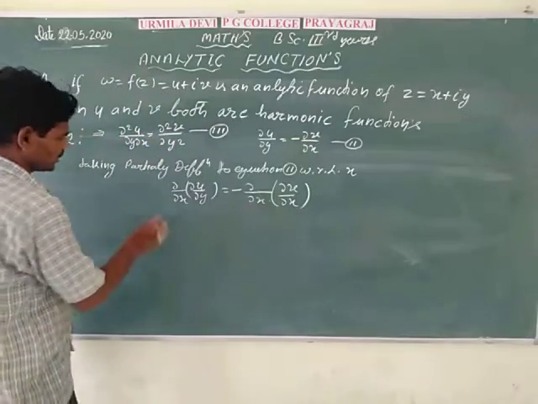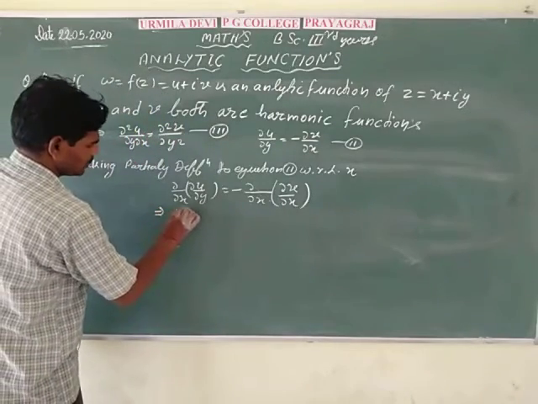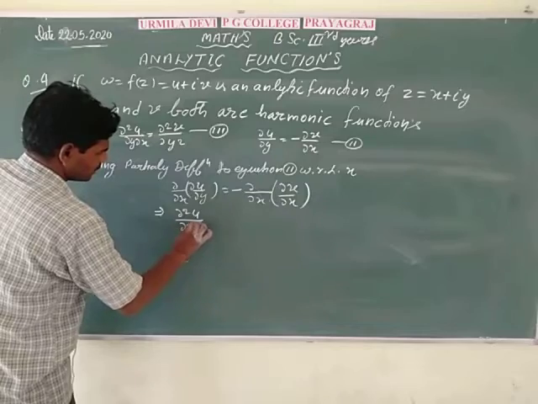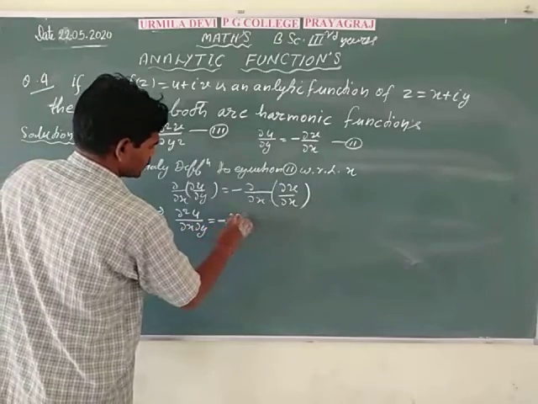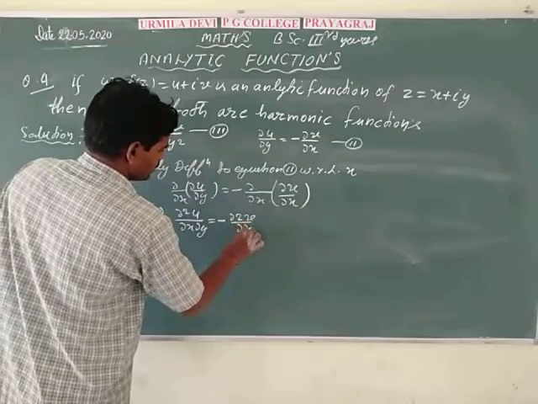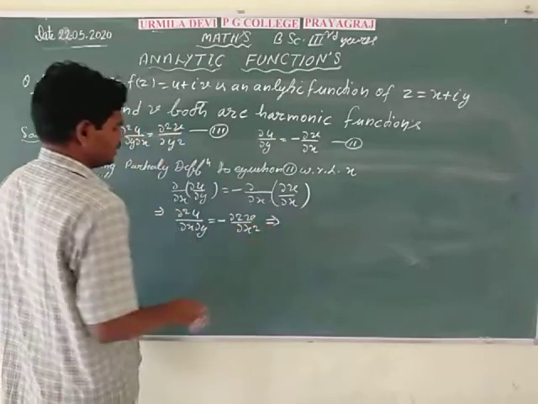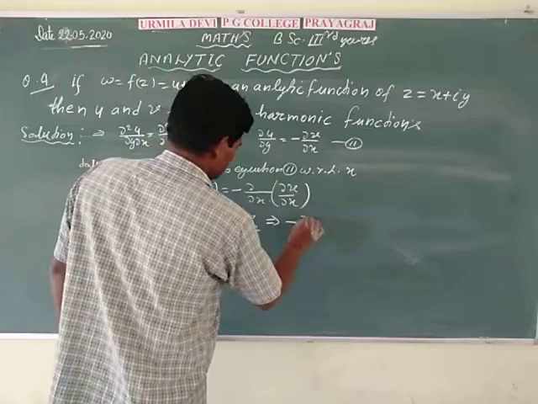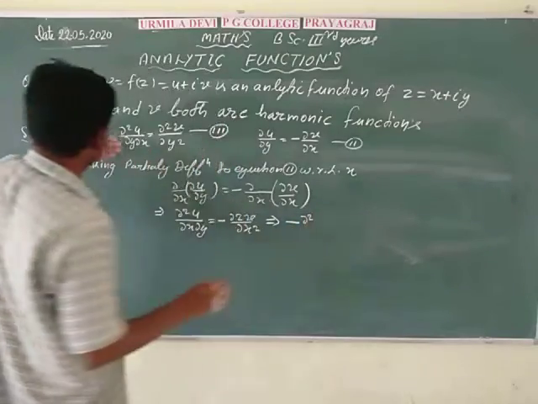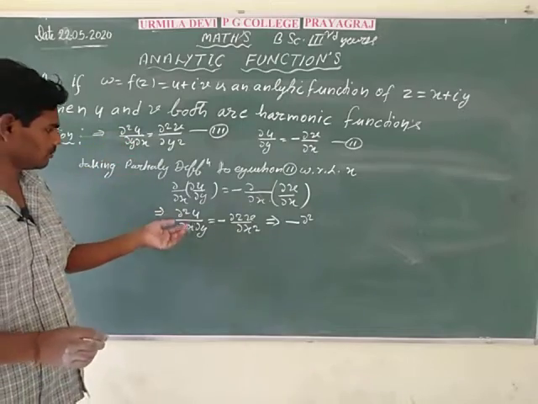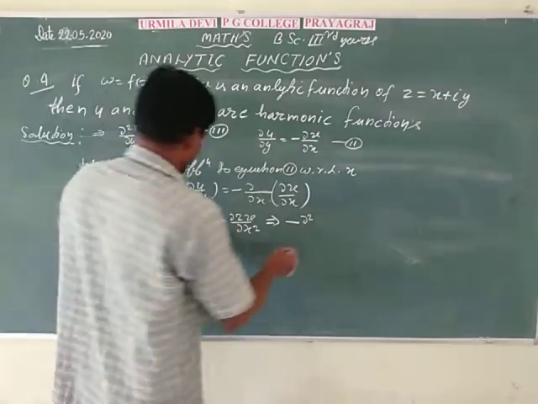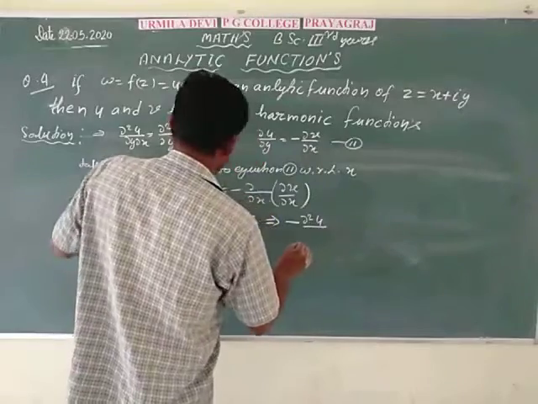The left-hand side is equal to del square u by del x del y, and the right is equal to del square v by del x square. It is also written as minus del square, here del u by del y by del x, so therefore it is equal to this, and write del u by del y here.